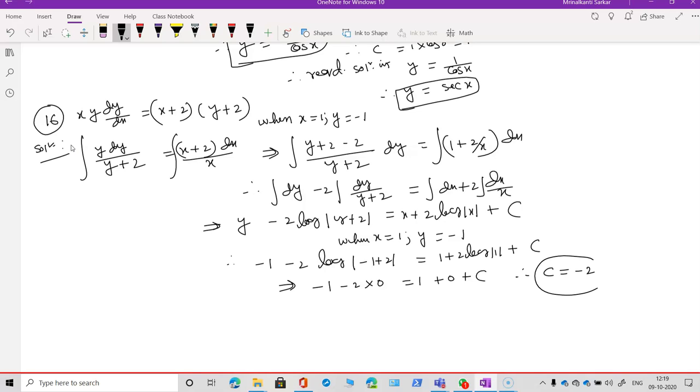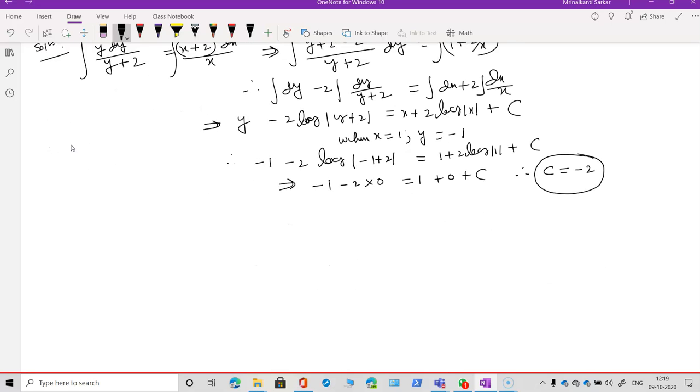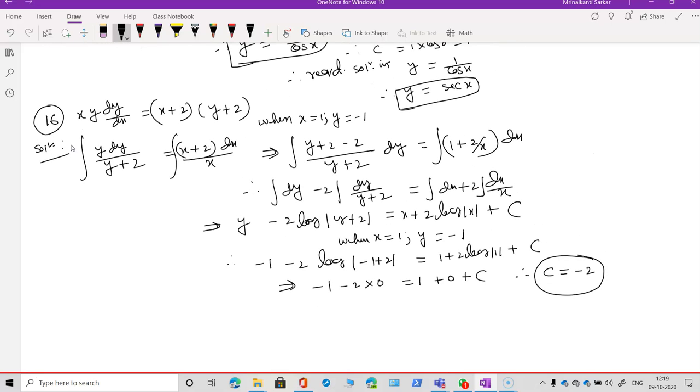So c is equal to minus 2. Okay. c is equal to minus 2, you substitute there. So therefore, y minus x is equal to 2 log... this minus 2 is the answer.